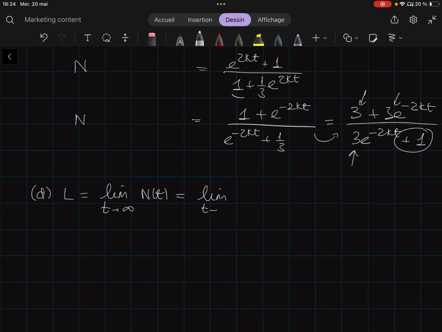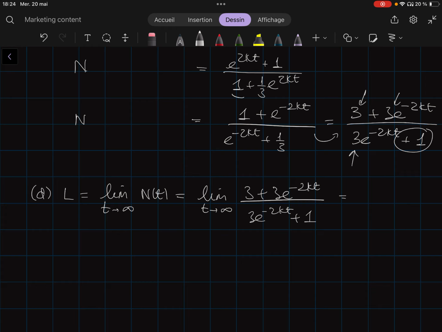Now, I can see why they are doing this. As t grows, e to the negative 2kt is going to go to 0. K is positive constant.